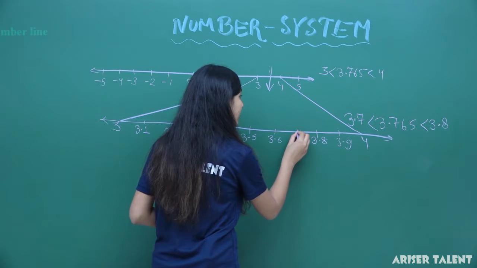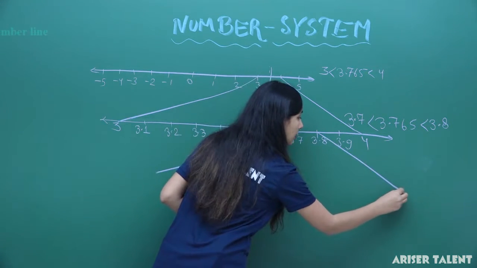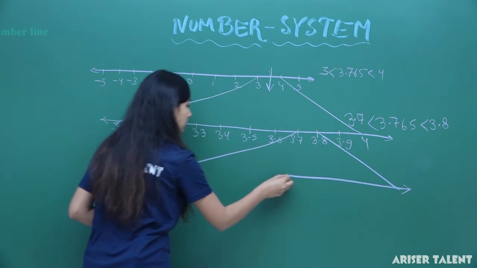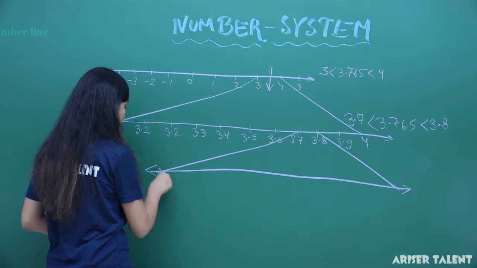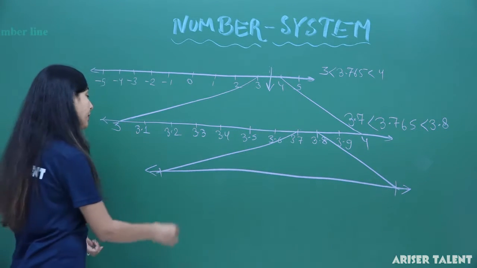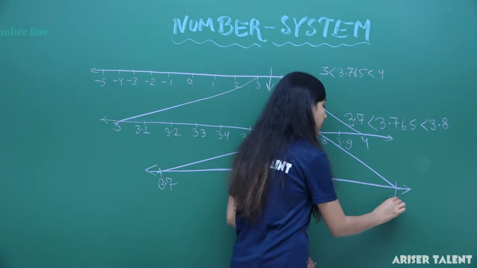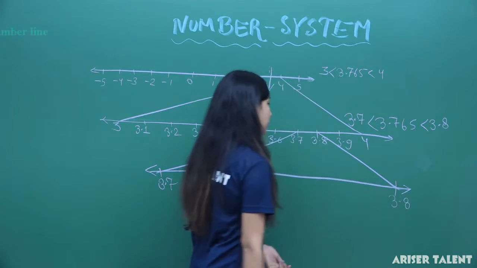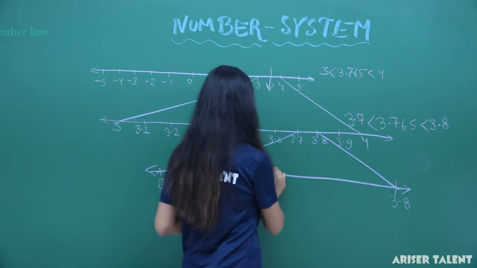We will magnify this 3.7 and this 3.8 again. So after magnifying it, I will be having these 2 points. What are the extreme points? This is 3.7 and this is 3.8.